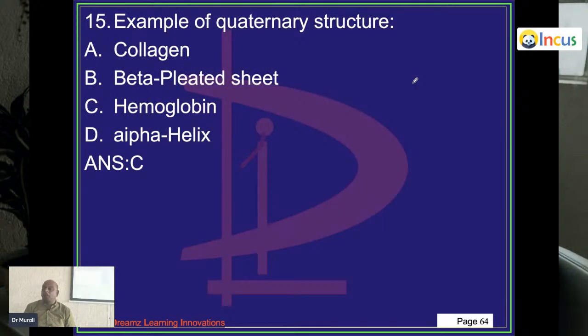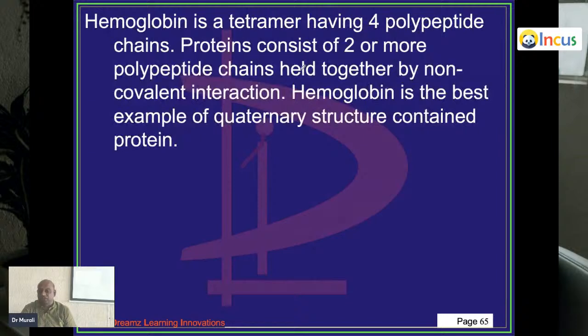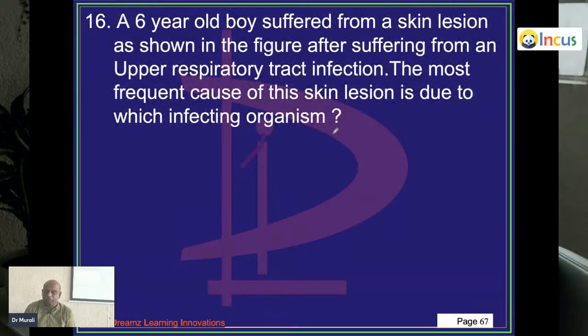What is an example of a quaternary structure out of all this? It is hemoglobin, which has a quaternary structure. Hemoglobin is a tetramer of 4 polypeptide chains, so it is the best example of a quaternary structure of a protein. Primary structure means amino acid sequence. I think you know that.